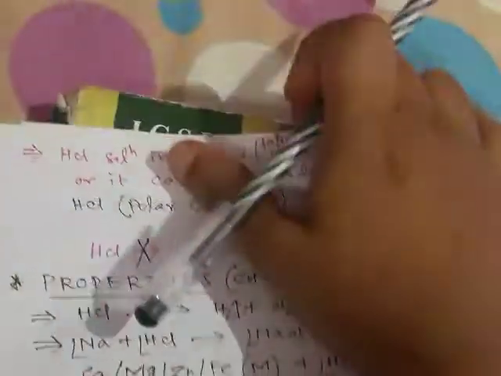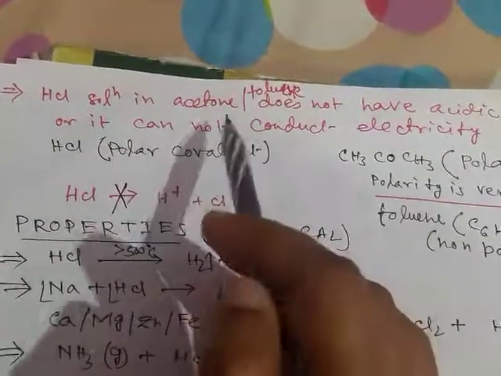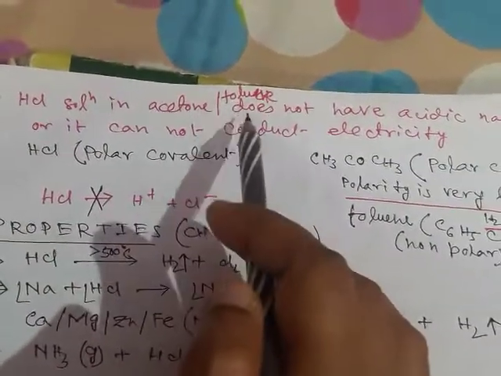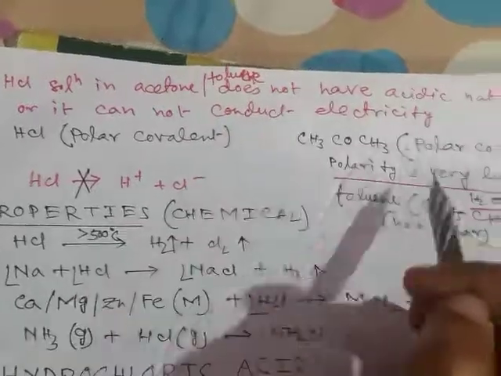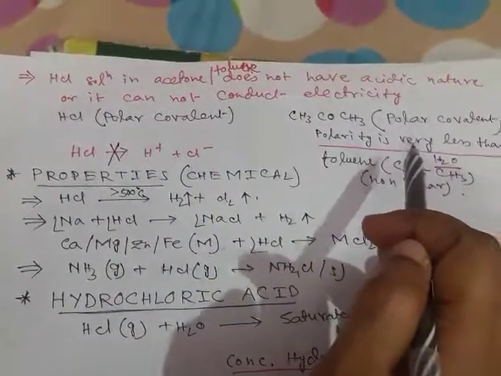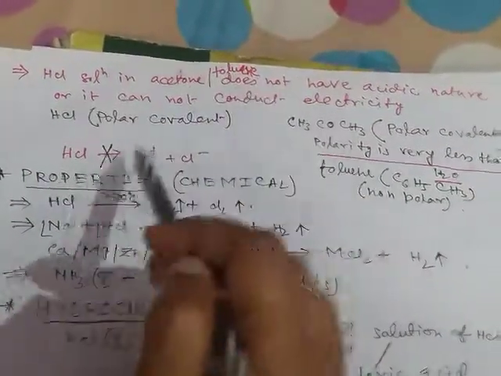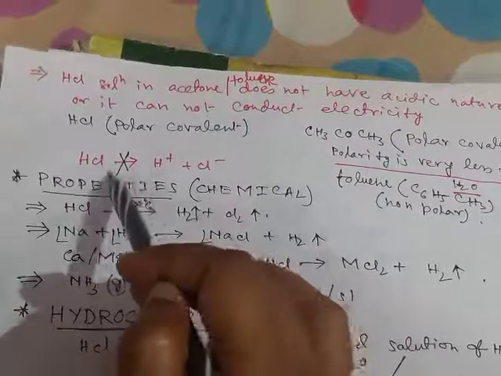Now besides water, HCl may be soluble in acetone or toluene like solvents. Acetone is less polar than water, and in acetone or toluene there will be no ionization of HCl molecule.